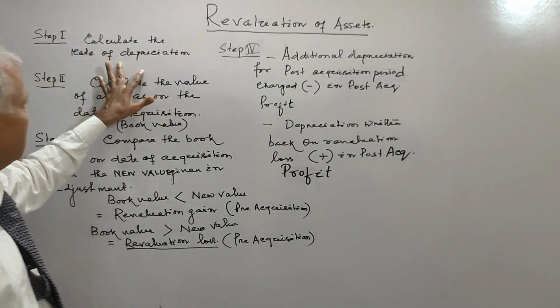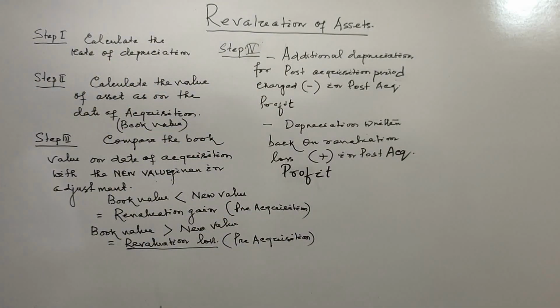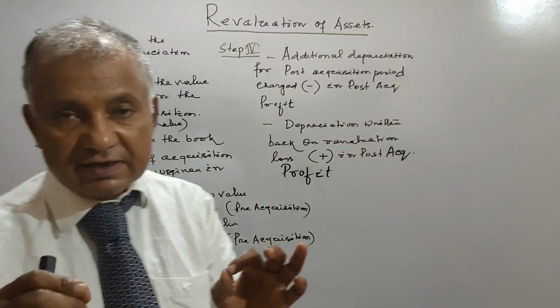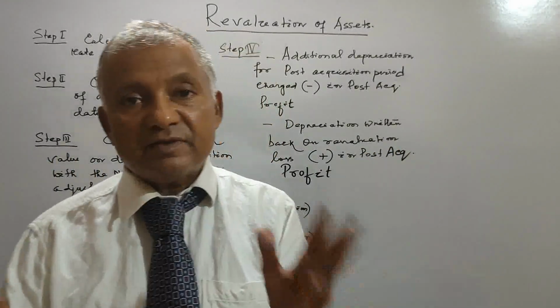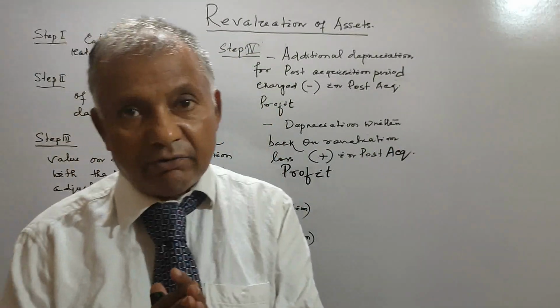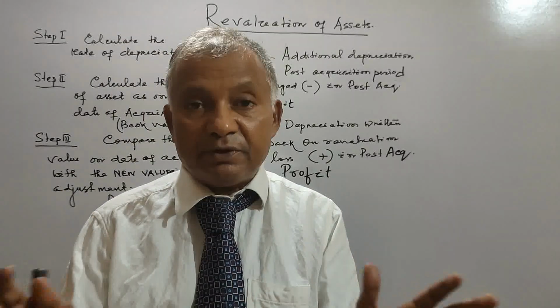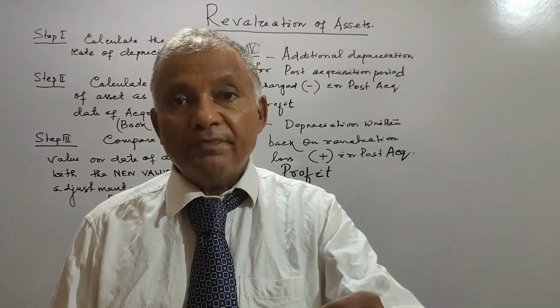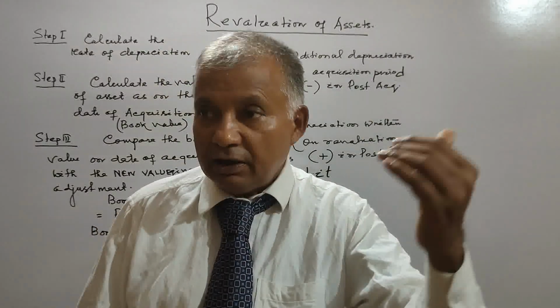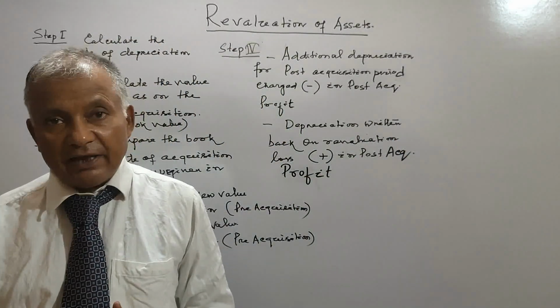Now, calculation of depreciation, this is important. Then what is the rate of depreciation of the particular asset? Sometimes in the problem they will not give you the rate of depreciation in the adjustment. They will give you the book value as on the beginning of the year.